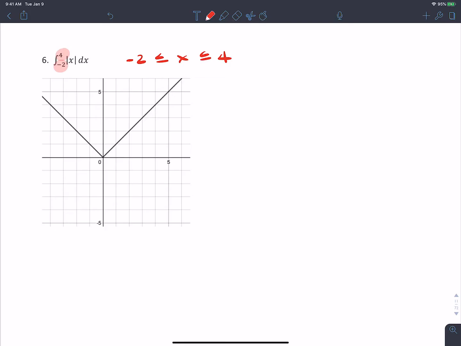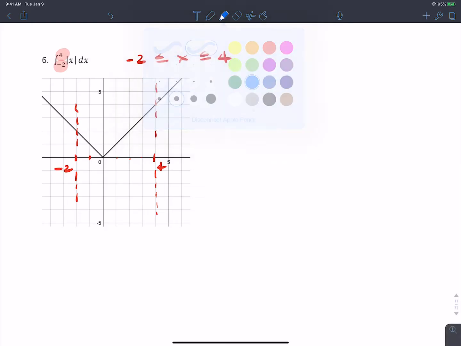So we have to locate where negative 2 is. Here it is. And we draw our vertical line. Notate where positive 4 is. It's over here. 1, 2, 3, and 4. Draw your vertical line. And then the area is above the what? X-axis.